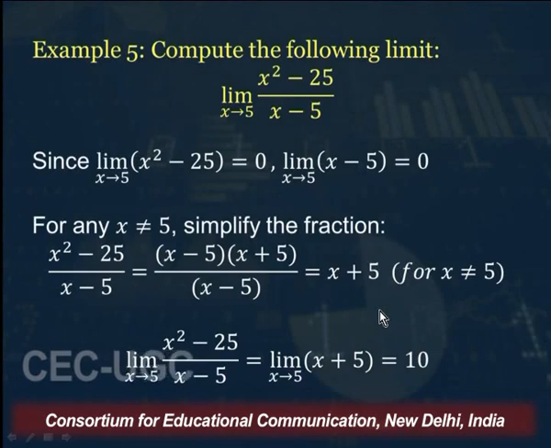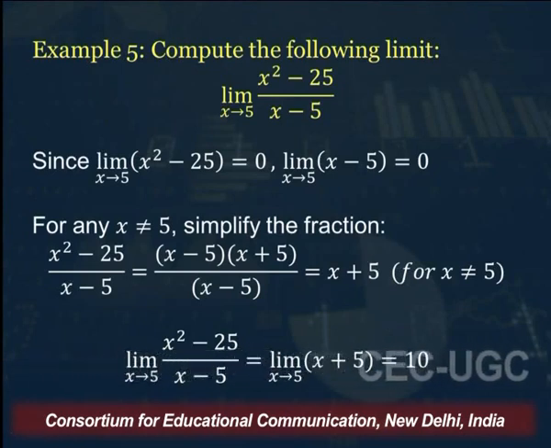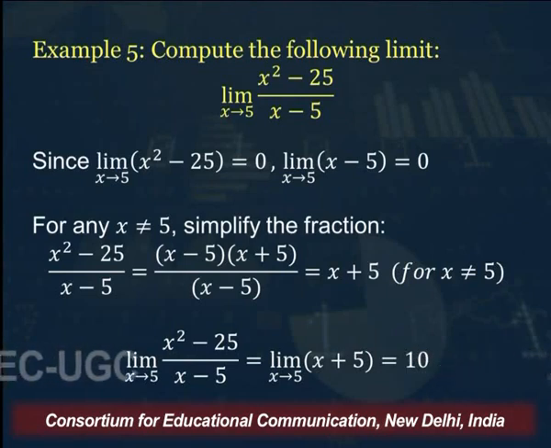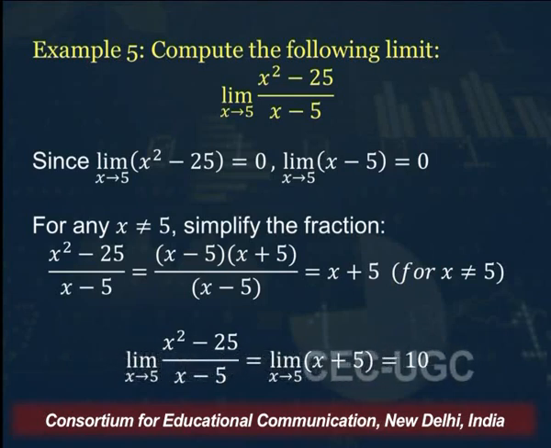Right, and this is the kind of example, the third kind of situation I was trying to get you to focus on, where you're asked to calculate the limit of x squared minus 25 divided by x minus 5 as x approaches 5. And in fact, this is a visual that I showed you in the second example in the beginning of the lecture. Now, what do you see here?